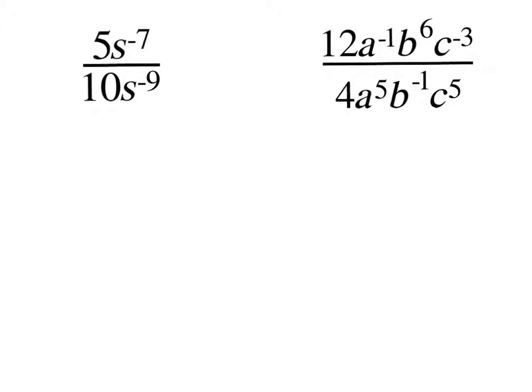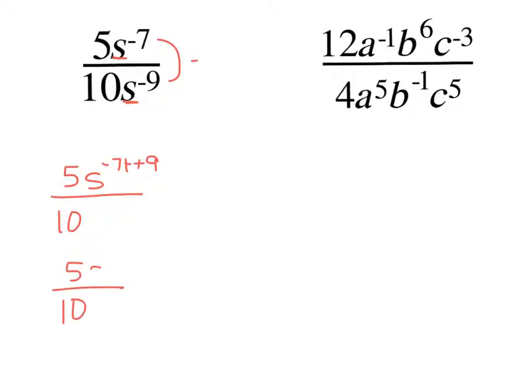Here are some more examples using what we've been working with. Here they have the same base, so we're going to subtract our exponents. So I have 5/10, and then on top I'm going to have s to the -7 minus a -9. Minus a negative is really plus, so I have 5/10, and then an s squared on top.